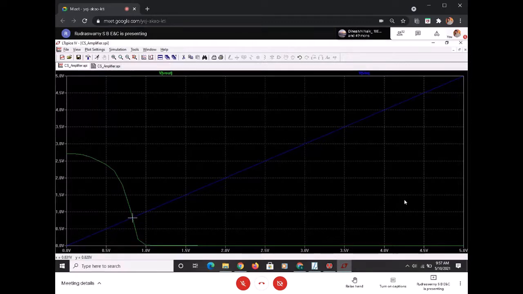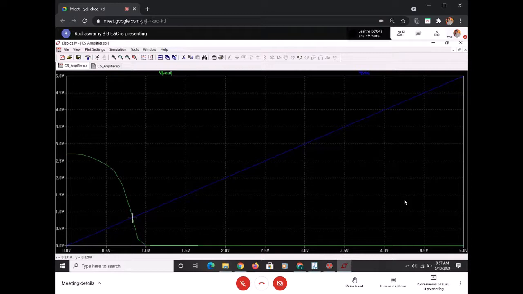At the bottom you can see the x-axis and y-axis points it is giving. We are interested in the y aspect: what is the output value we are having? The intersecting point now is basically 0.820 volts.